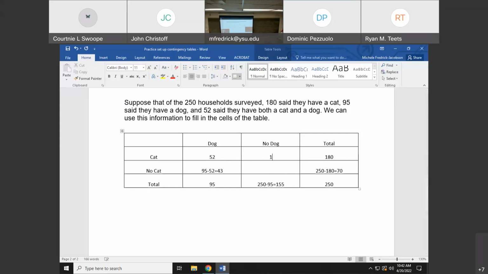So it would be the 180 minus the 52, 128. And then 70 minus 43, 27. Any questions on finding them?